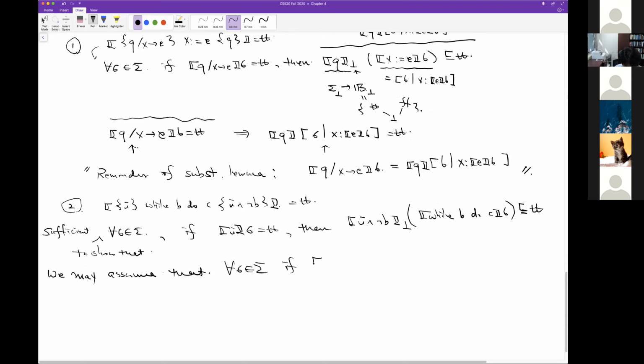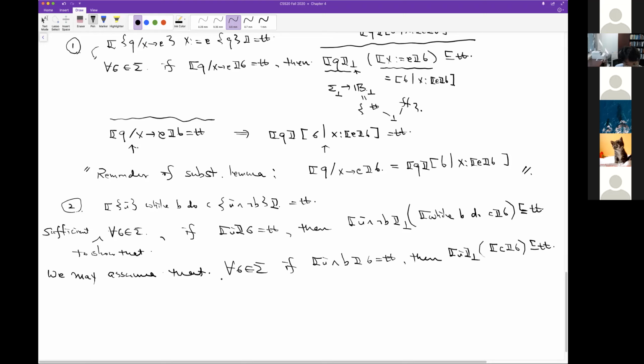If the invariant holds but the condition of the loop is true, then invariant is bottom, the body of C sigma is equal to T.